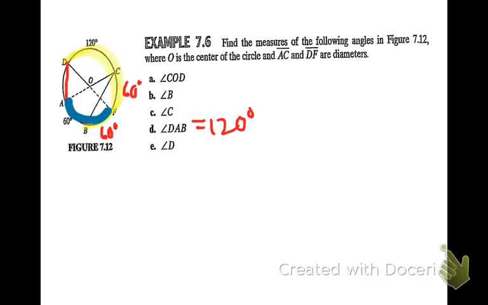Is the inscribed angle the same as the arc it intercepts? What's the rule? It's half. It intercepts 120, 60 plus 60. So you got lucky. Half of 120 is 60.